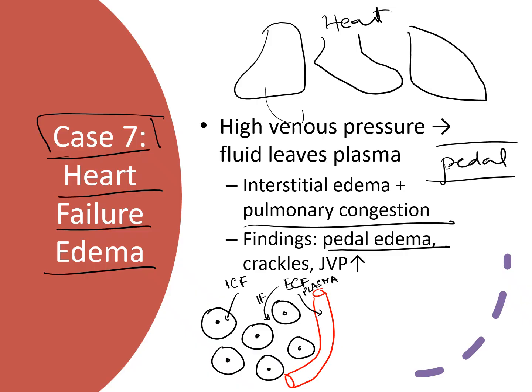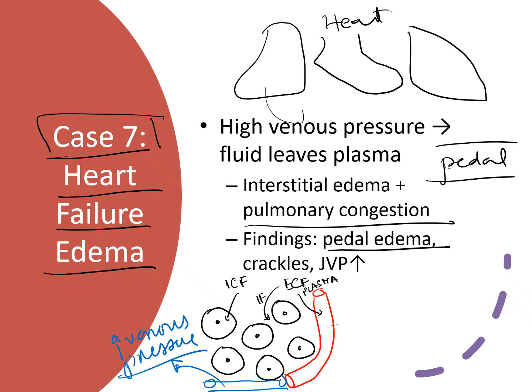and as the pressure continues to go backward, there will be increased pressure in the capillaries, and on the other side, the venous pressure will also increase. They will have high venous pressure because the heart is not pumping properly, and the fluid will back up into the body on the venous side.